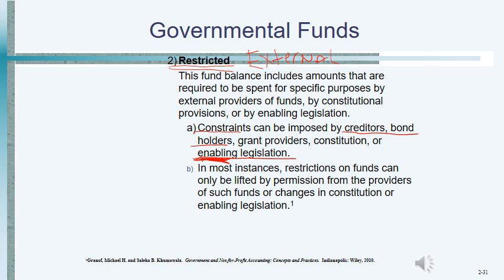Now you take a look at the next slide, and we have now our committed amounts. Okay, remember, before we go to that, remember for restricted, it's going to be what? Bondholders, but also what? Enabling legislation. Okay, now you come over, or the grant provider, whoever gives us the money, directs us specifically how to use it. That money's restricted.